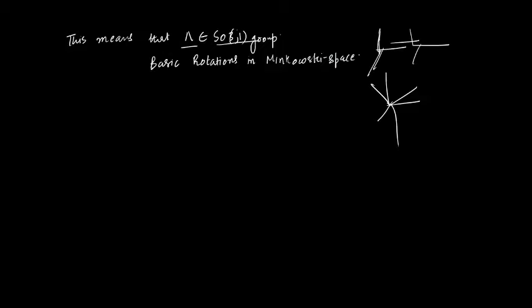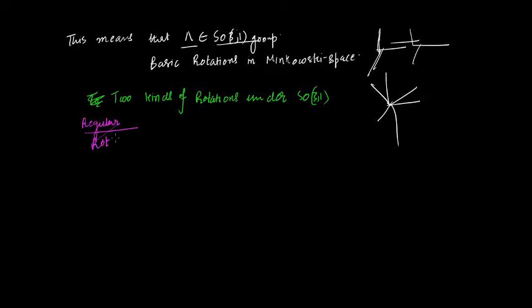Now there are two kinds of rotations that we can study in an SO3,1 group. Okay, so there are two kinds of rotations under SO3,1. The first one is a regular rotation in space. Okay, and by a regular rotation I mean that lambda mu prime nu will have this kind of structure.